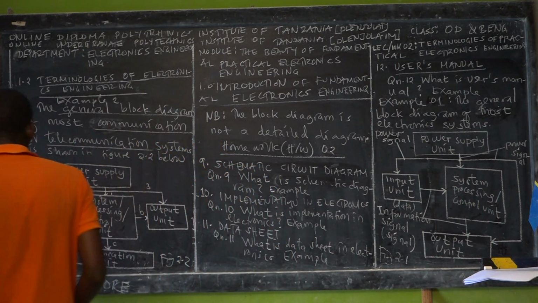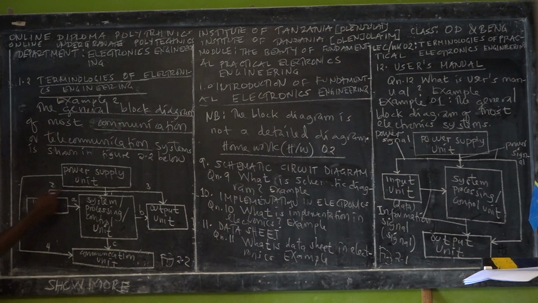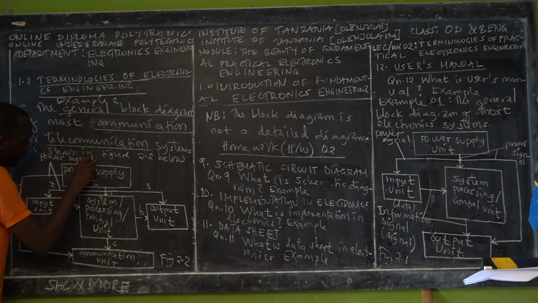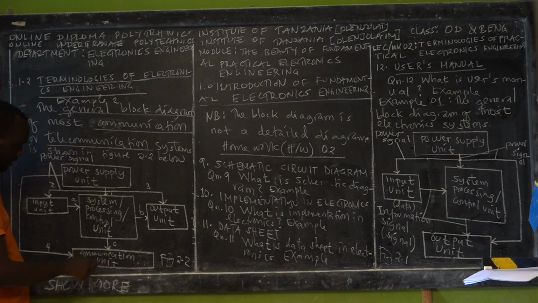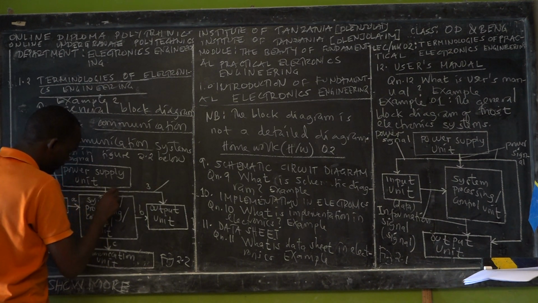Similarly, we still have the other blocks. What are the names of numbers 1, 2, and 3? Power signals. So how many power signals do you have here? Four. And then I had this one and this one.